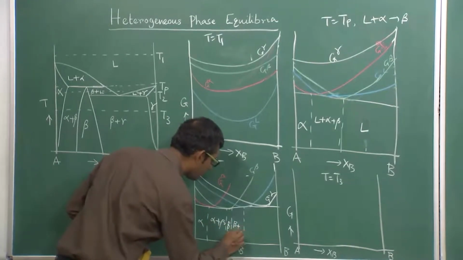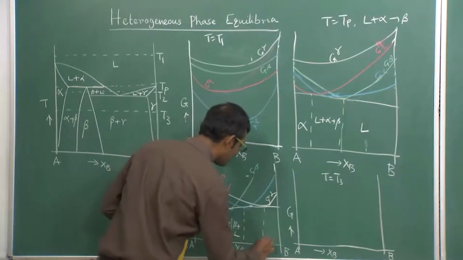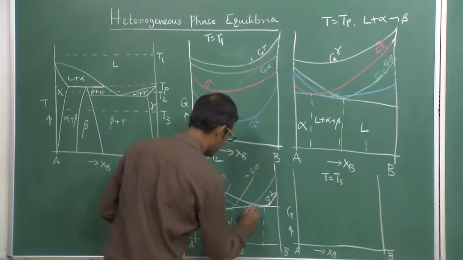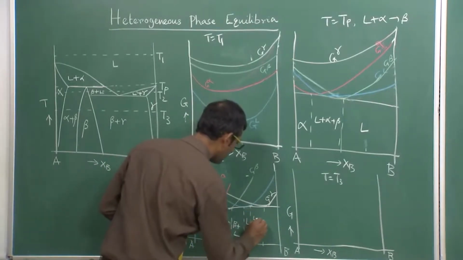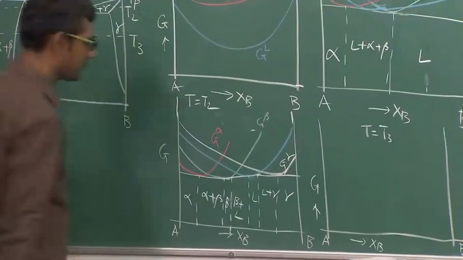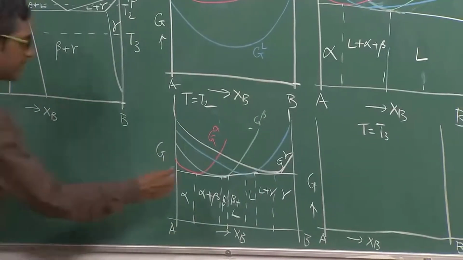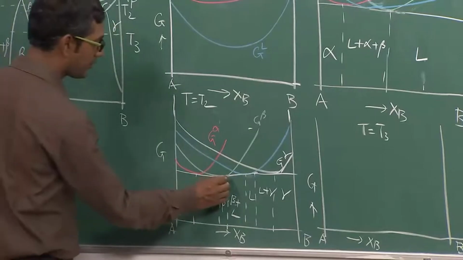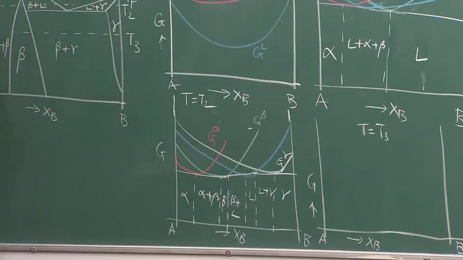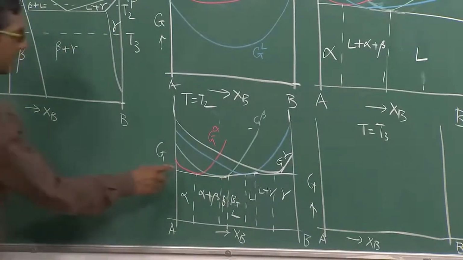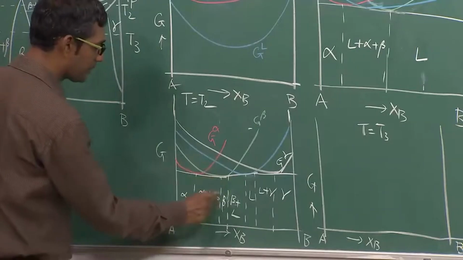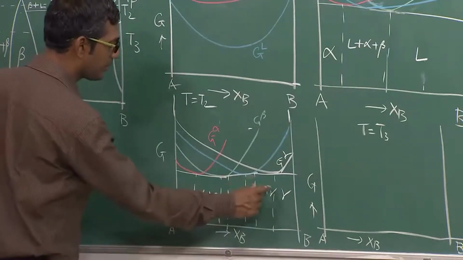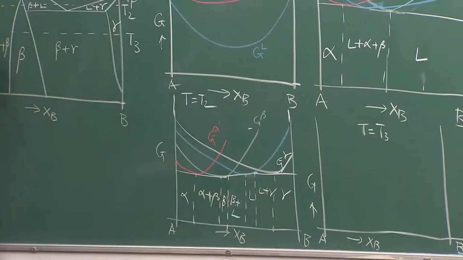Beta plus liquid, and then gamma. Okay, liquid plus gamma. Okay, because there are regions in between the common tangents where we have the position of the curve with the lowest positions. Therefore, tangent between alpha and beta is giving alpha plus beta, beta and liquid giving beta plus liquid, liquid and gamma is giving liquid plus gamma.